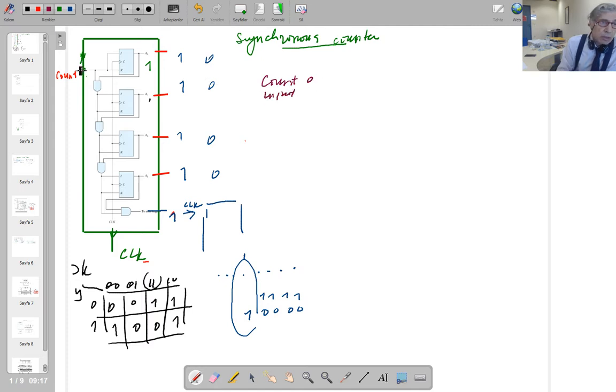What happens is this: count 0 means this is 0, that is 0, and when this is 0, the output is 0, 0. All the JK flip-flop inputs are going to be 0. Here you see the JK flip-flop definition relation. In this relation, it says when the inputs are 0, 0, there is no change at the output. So no change.